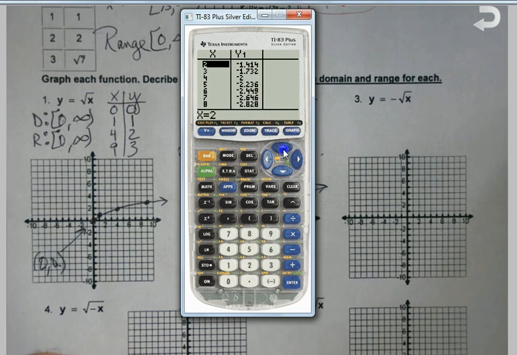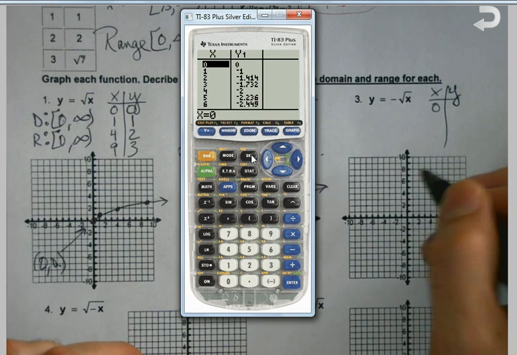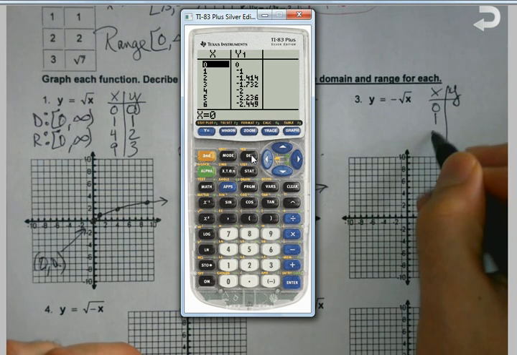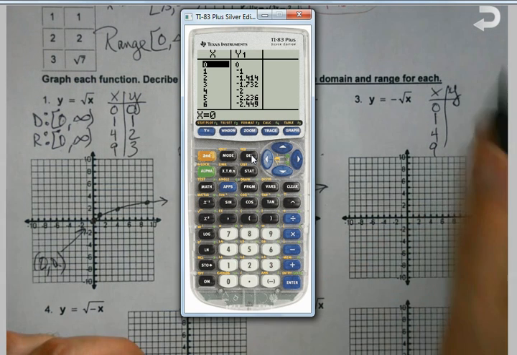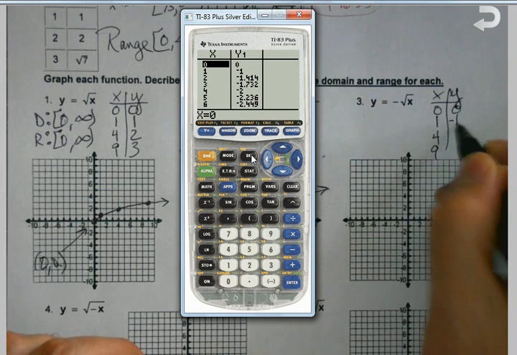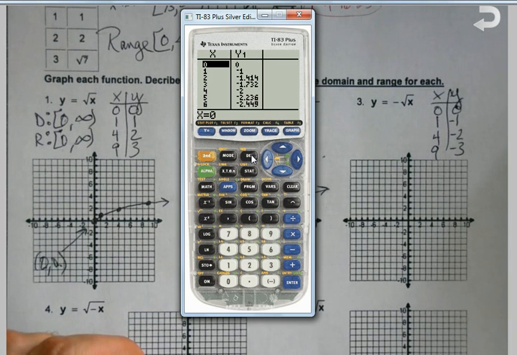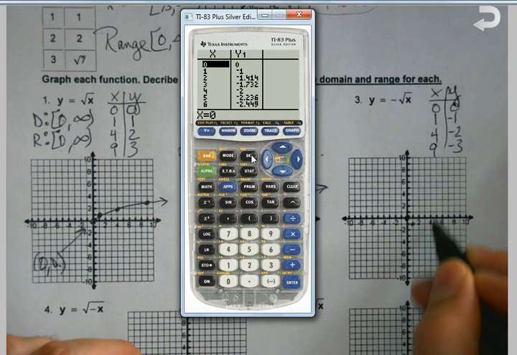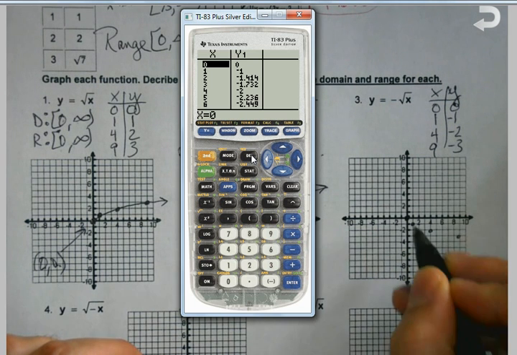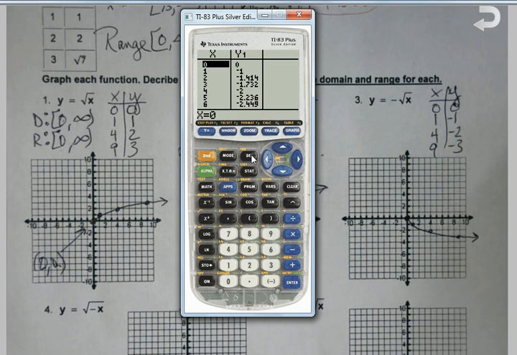But again, I can look at my values. And we're just trying to reinforce here. You're like, oh, it's the exact same x values that I had for number 1, except now they're all negative y's that are coming out. So it's this guy, except basically I've flipped it over and have it opening below the axis.